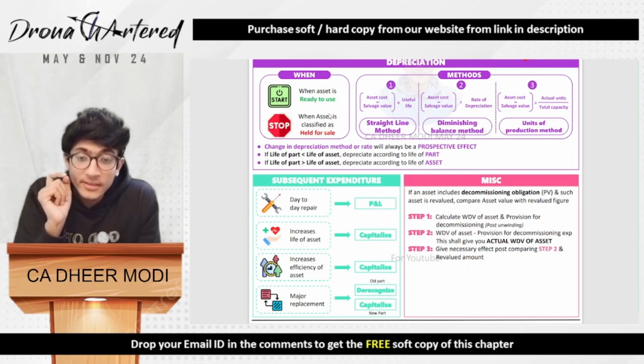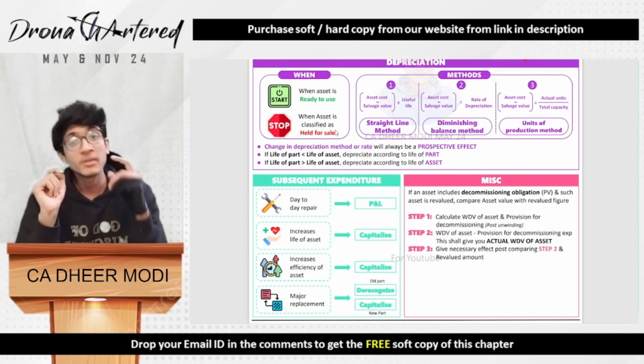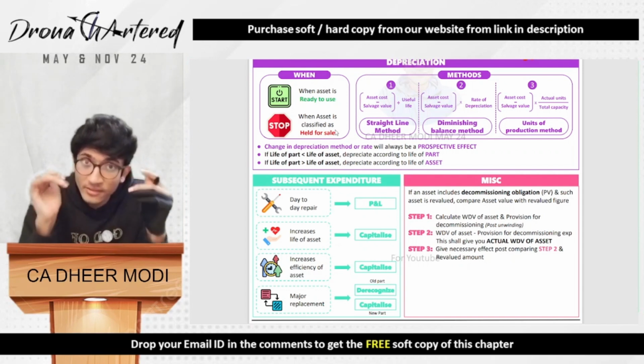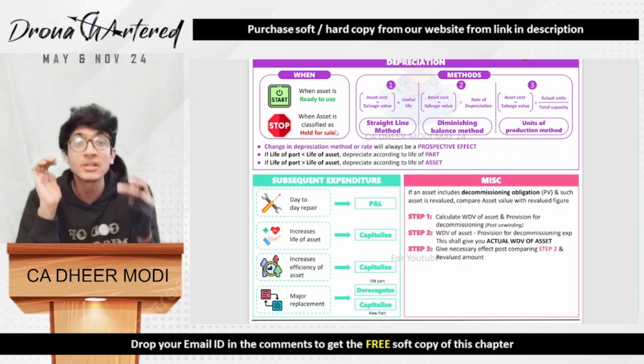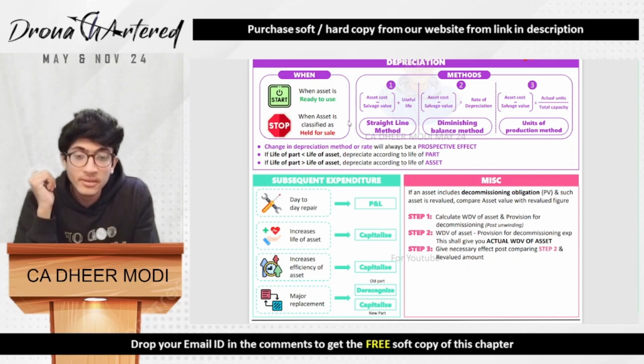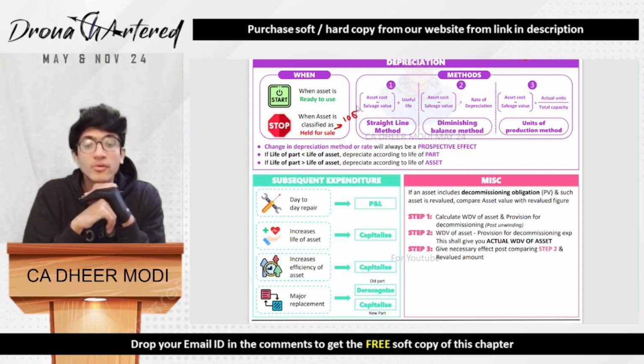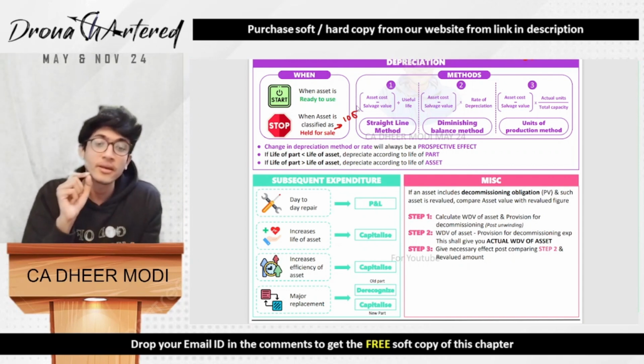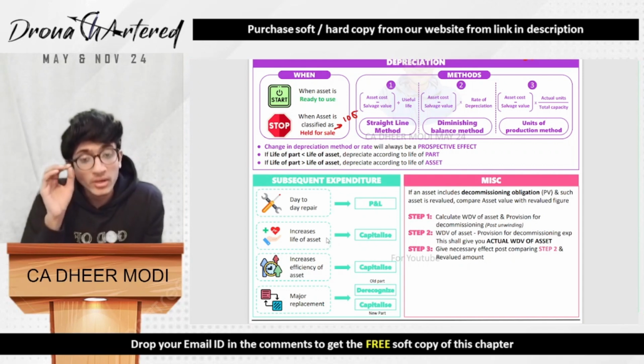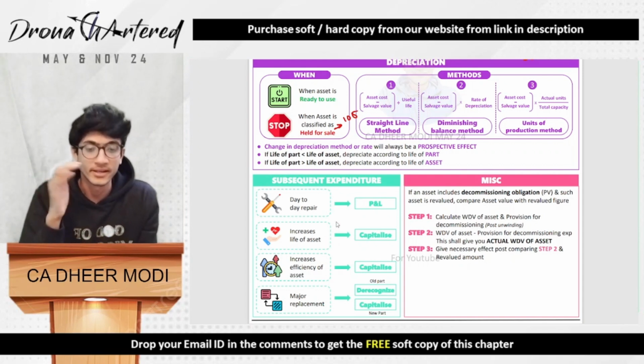And when the asset is classified as held for sale, that means it is not sold. Even if it is just classified as held for sale, that means you have intention to sell this asset. That means as per IND AS 105, that talks about assets held for sale. So if you have classified an asset as held for sale, your depreciation will stop from that date.